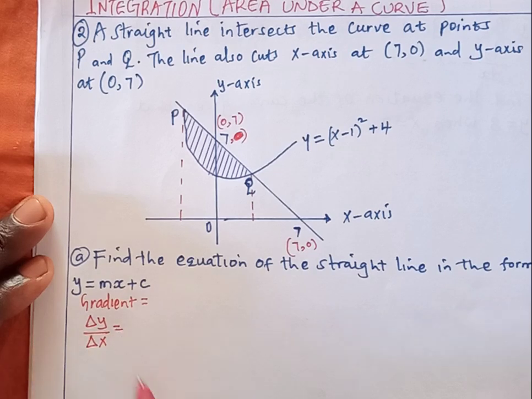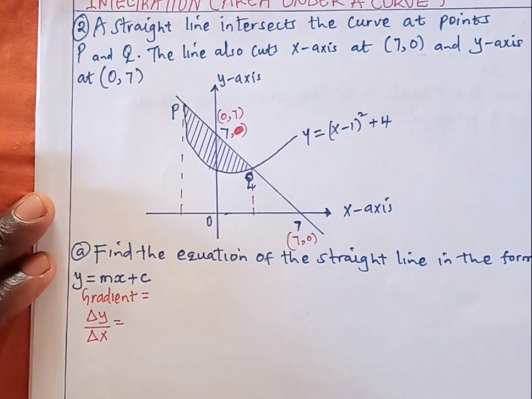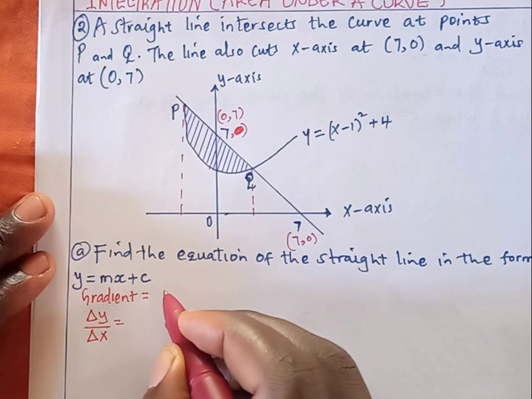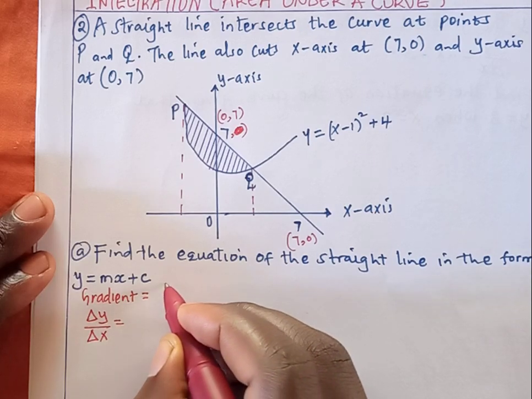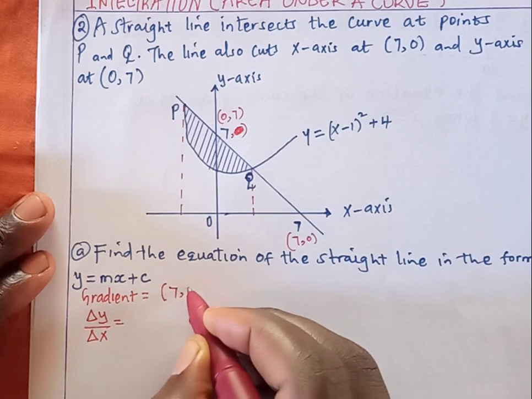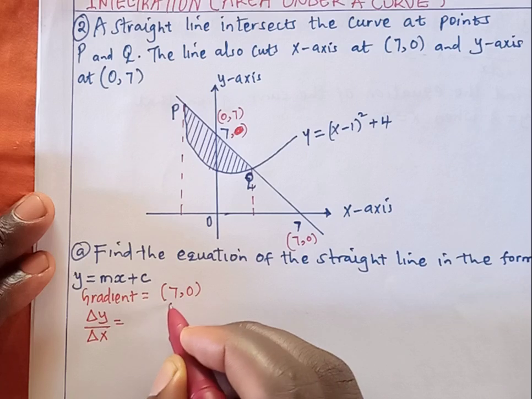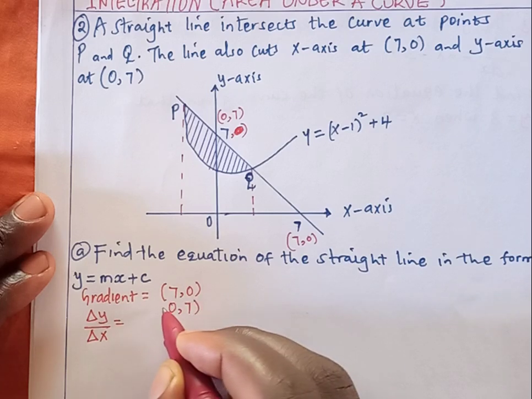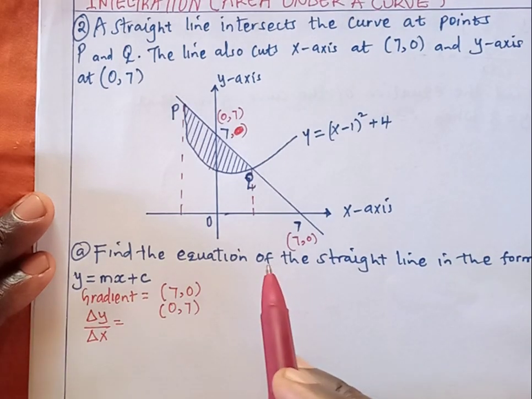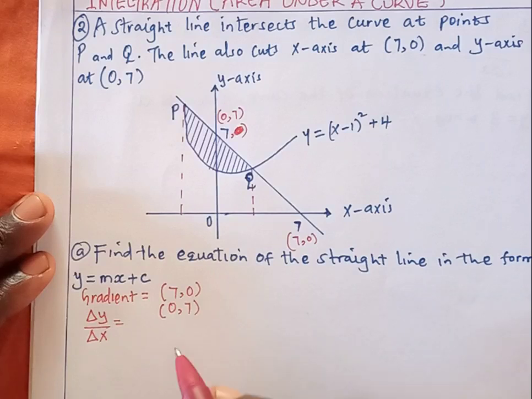Where is the change coming from? We have been given the coordinates: (7,0) and (0,7). These are the points where the line cuts the x and y axis respectively.